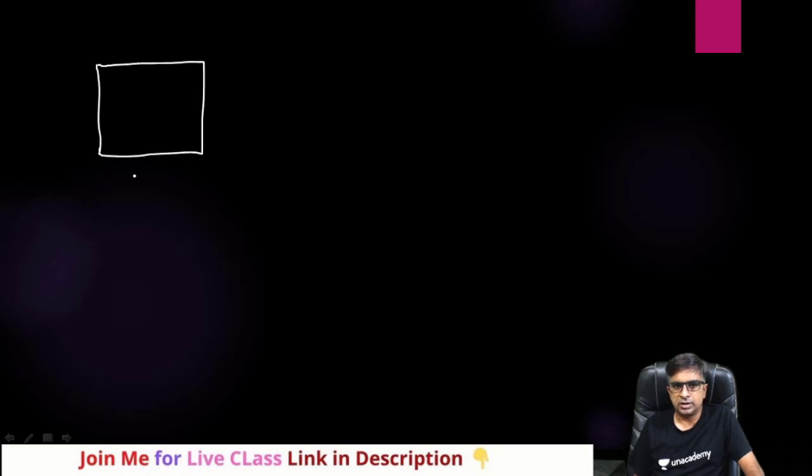This is a square, and these are the properties of a square. First thing, you always start with the sides. All sides of a square are equal.